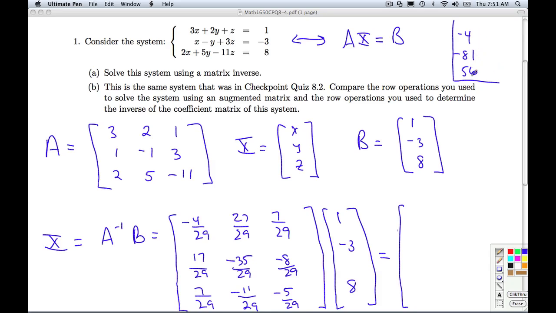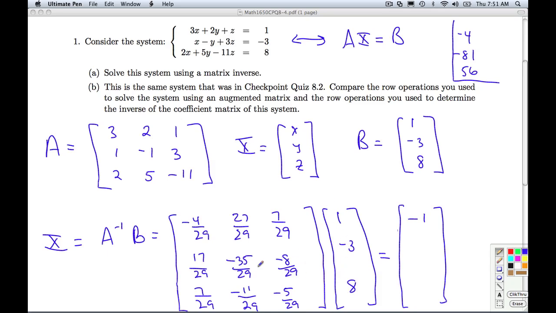So that would be negative 85 plus 56. So 56 and 20 would get us to 76, and another 9 would get us to 85. So this is negative 29 over 29, which is negative 1.